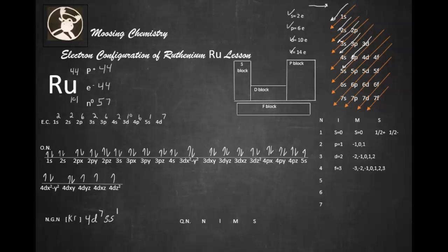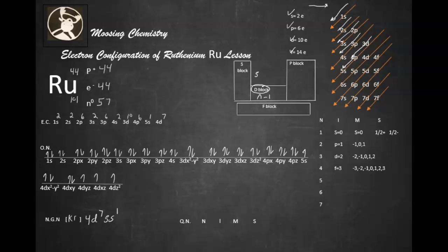Okay, let's do our quantum notation. That deals with Pauli's exclusion principle, right? So no 2 electrons have the same set of quantum numbers. So let's look at our n value, our principal quantum number first. Well, it looks like ruthenium is in the 5th period, but it's not, because it's a d block. Remember, d block is n minus 1.